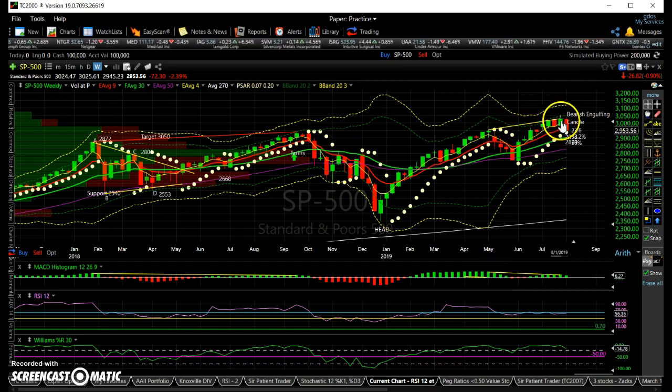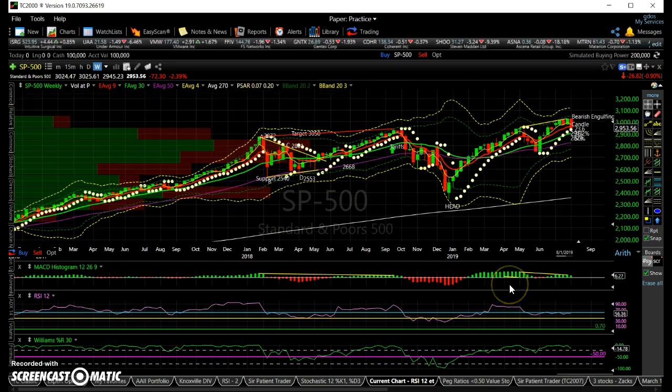As we make a higher high, the MACD histogram makes a lower high after this bearish intervening 3 weeks here. So that bearish divergence of MACD seems to be playing itself out. That's my guess here right now.